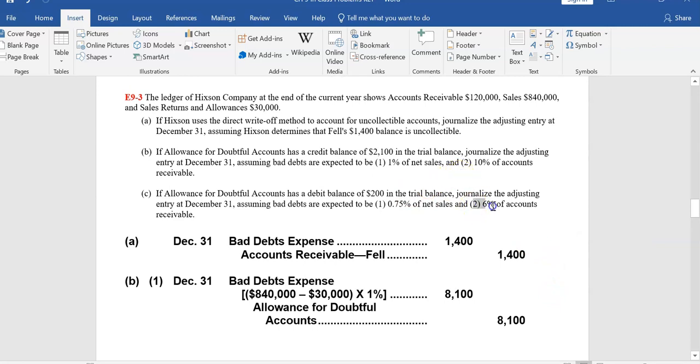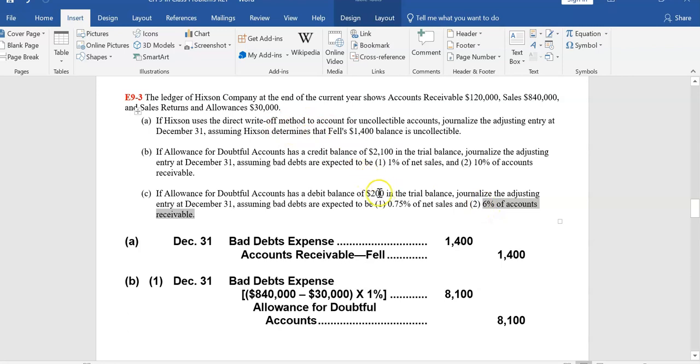Now let's assume that we are using the accounts receivable method, the percentage of accounts receivable. Remember, the percentage of sales is a one-step calculation to calculate bad debt expense. The accounts receivable method is a two-step calculation. The first thing we're going to do is multiply the accounts receivable balance by the percentage uncollectible.